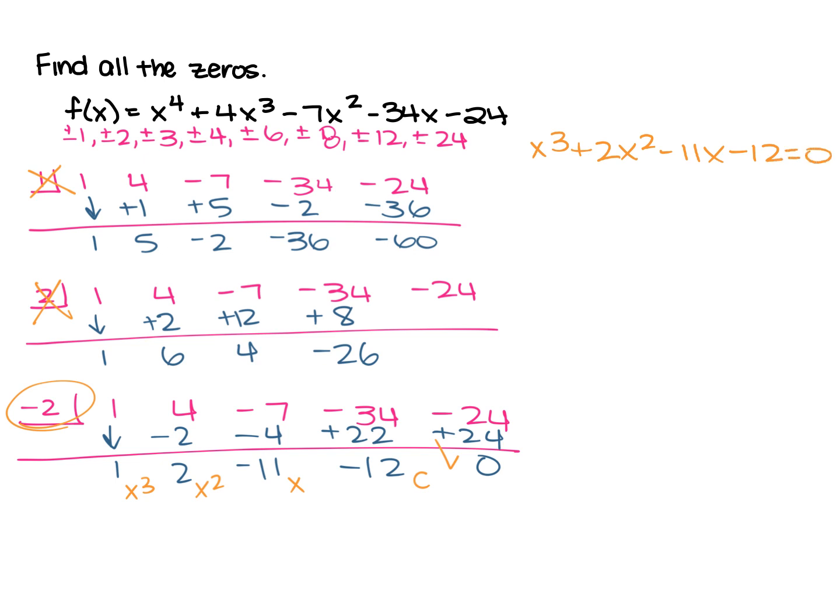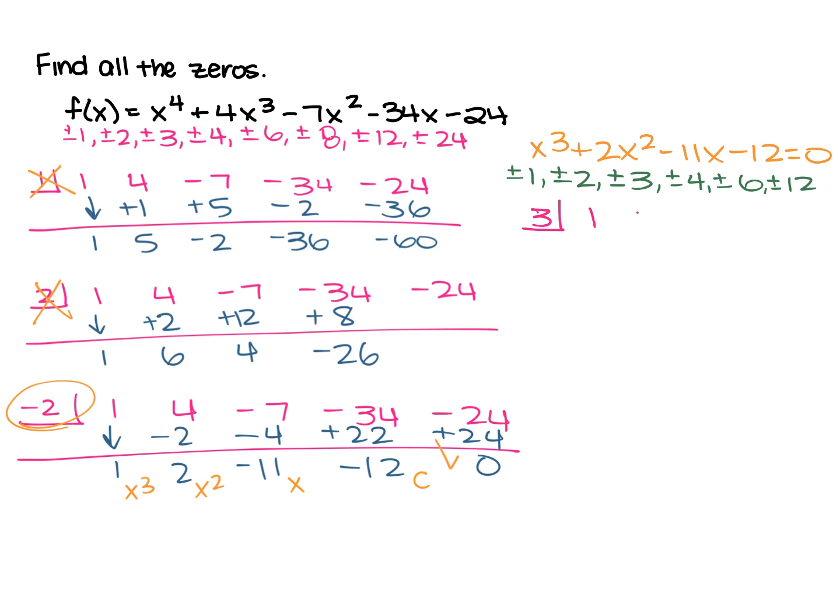For this one, your factors of the 12 are plus or minus 1, plus or minus 2, plus or minus 3, plus or minus 4, plus or minus 6, and plus or minus 12. I tried 1 and I tried 2, so I'm not going to try those on my next one. So instead, I'm going to try 3.